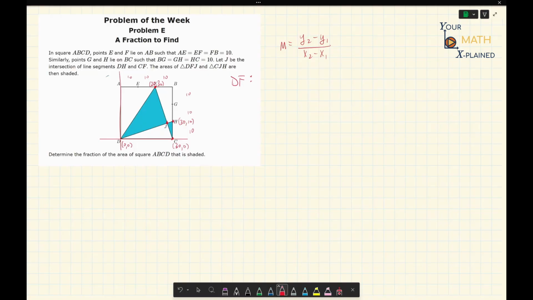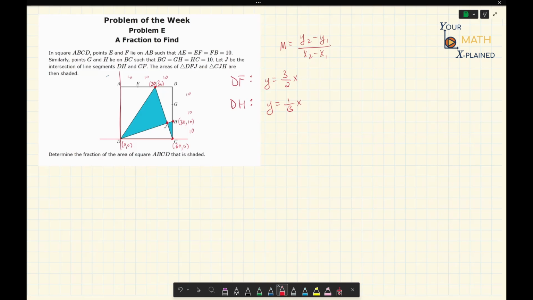And because the y-intercept is 0, it'll be easy to create the equation. It's merely the slope times the x value. So when you insert the numbers into the slope formula, we'll get 3 over 2 as the slope. So already we know that DF is y equals 3 over 2 x. We can do something similar with DH, because it's 0, 0, and H has the coordinate 30, 10, so we know that y is equal to 1 over 3 x.